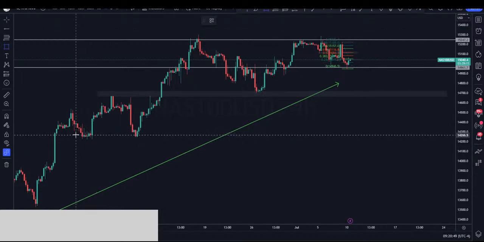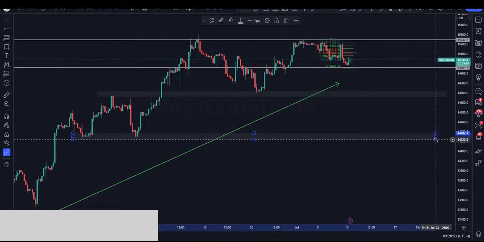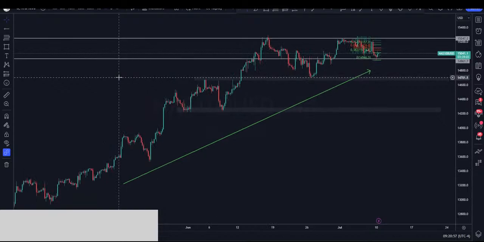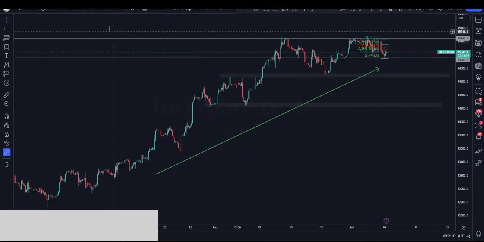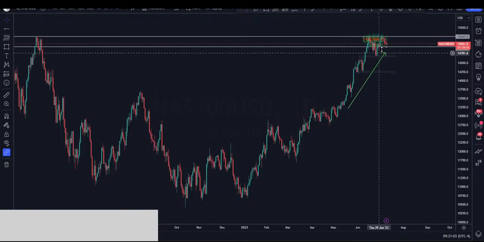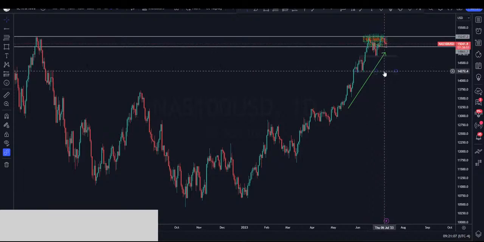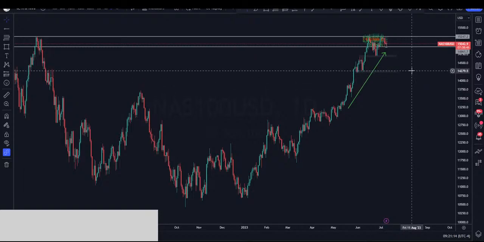I don't like to draw out levels too far back, but these are possible areas that we could see price potentially come down to, because if it does come here, then it's potentially doing that full double top move. So in that case, that would be a good position to hold up to this level. As you can see, it corresponds with some other key levels over here.